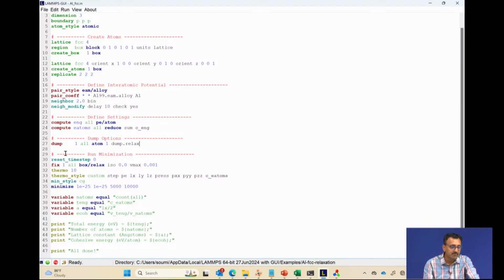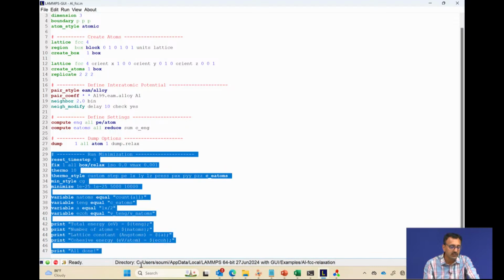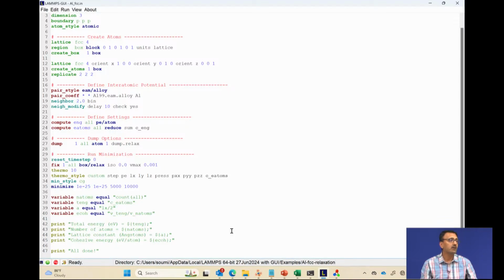The next part is the main engine of this calculation, what exactly you are trying to do. So far we have created a box, we have set up parameters, and we have asked LAMMPS to calculate a certain variable. But what are we really trying to do? We haven't said that we are going to run an MD simulation. Actually, this particular calculation is not going to run an MD simulation. It's a static energy minimization. Therefore, it says run minimization. The next example I'll show you will have equilibration and a production run.